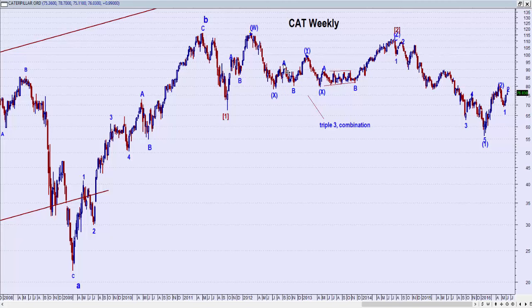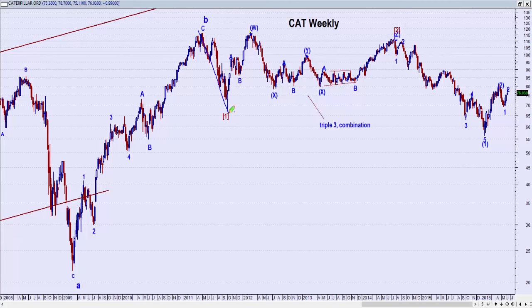Then we got another A, B, C wave Y. Then we get another X, and that's why we're getting this triple combination. We have one pattern, a second pattern, and a third pattern over here. And then that's why this wave 2 completes itself.